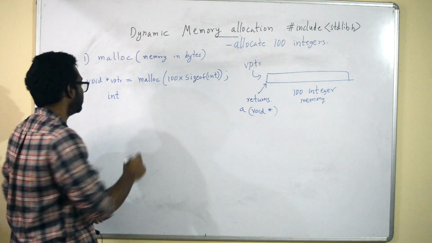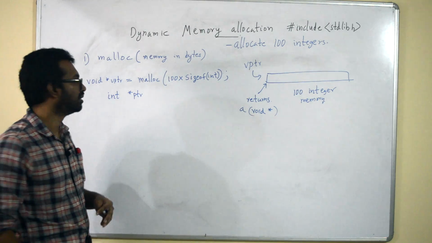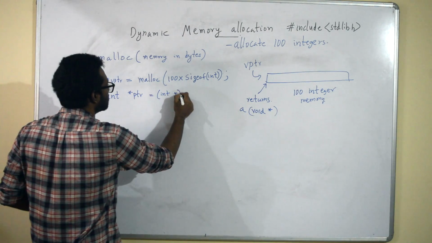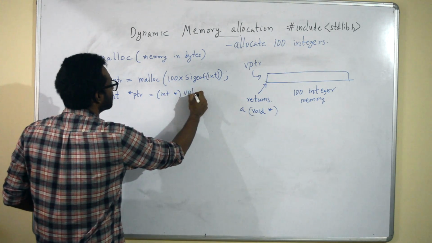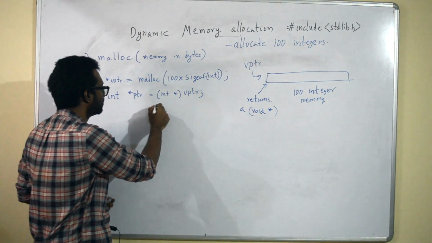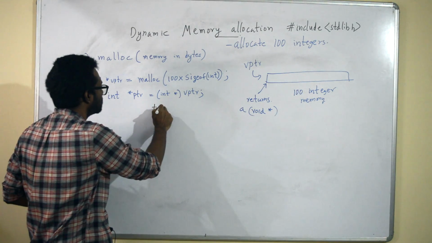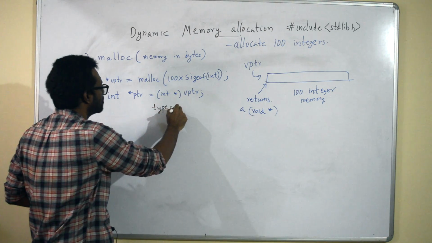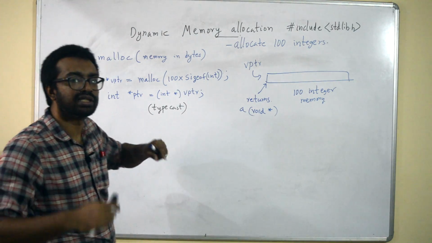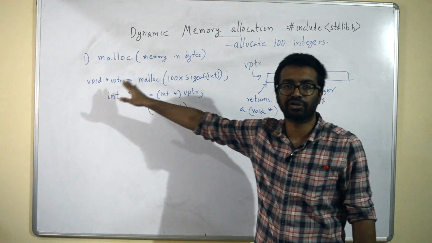I can declare an integer pointer and do a typecast. So this operation is called a typecast. The vptr is a void star pointer and I change its type to an int star pointer and take that.